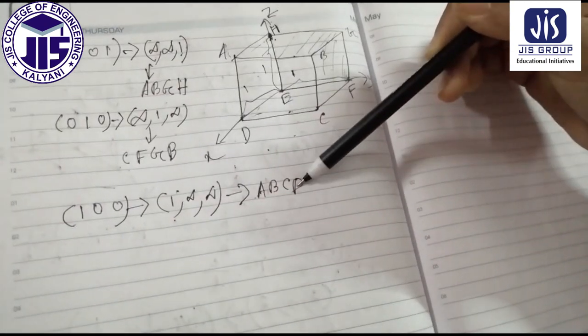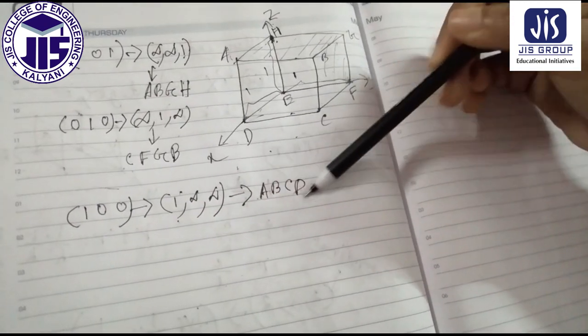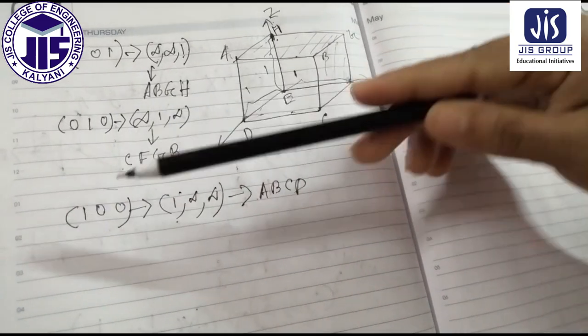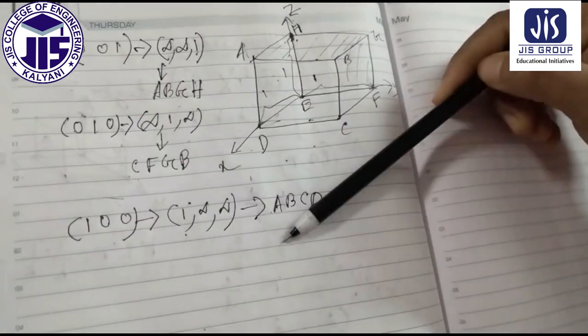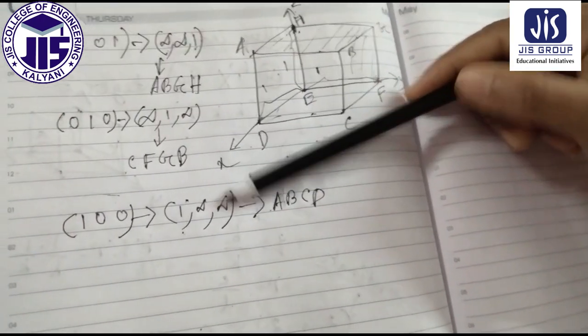So A, B, C, D is the plane which can have the Miller indices 1, 0, 0, but the coordinate is 1, infinite, infinite.